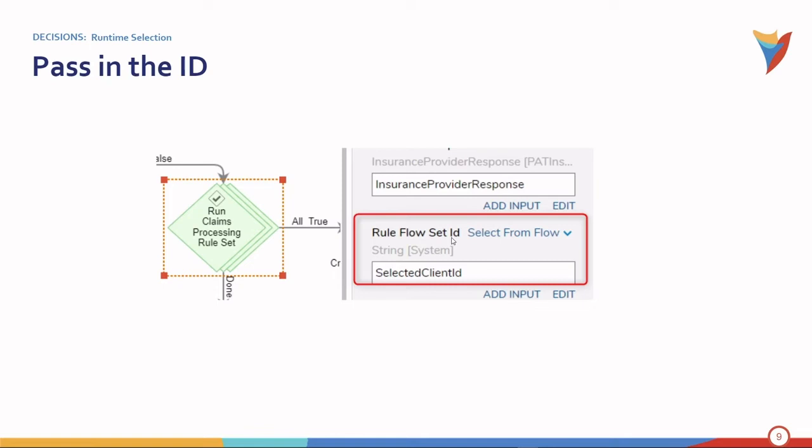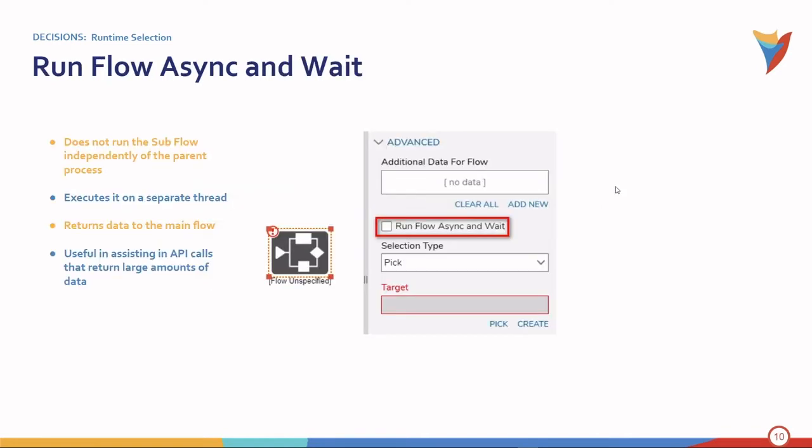You're going to be able to pass that ID inside of this particular field by choosing select from flow, or maybe you always want it to run with a constant. Then you can set that field to be a constant and input in that element ID to run each and every time.